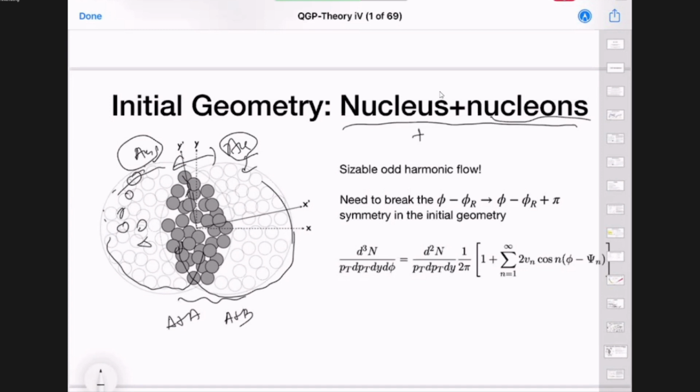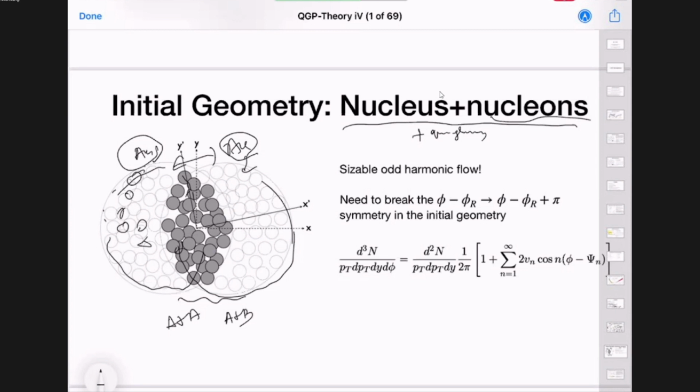Inside the nucleon, if you think about how the quarks and gluons are distributed, that could also be different in different nucleons, and you could keep on adding such fluctuations. There are improving steps, and you can have more and more refined initial condition models which try to address these kinds of discussions.